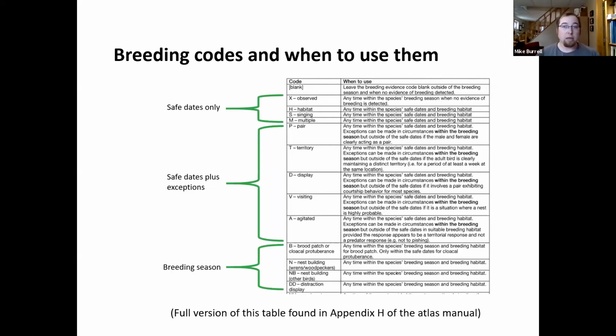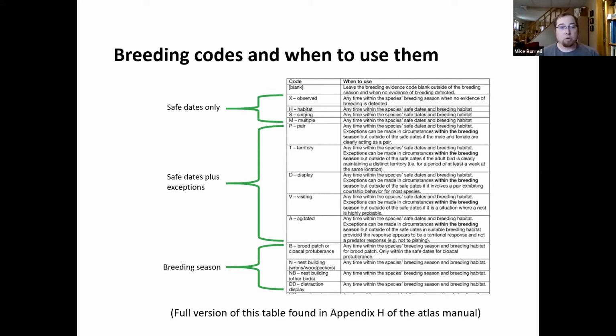In Appendix H, which talks about safe dates, we break down which codes should be used only during the safe dates, and which other codes can be used outside of the safe dates but in the breeding season, as long as you pay close attention and try to ensure that it is in fact a breeding bird.